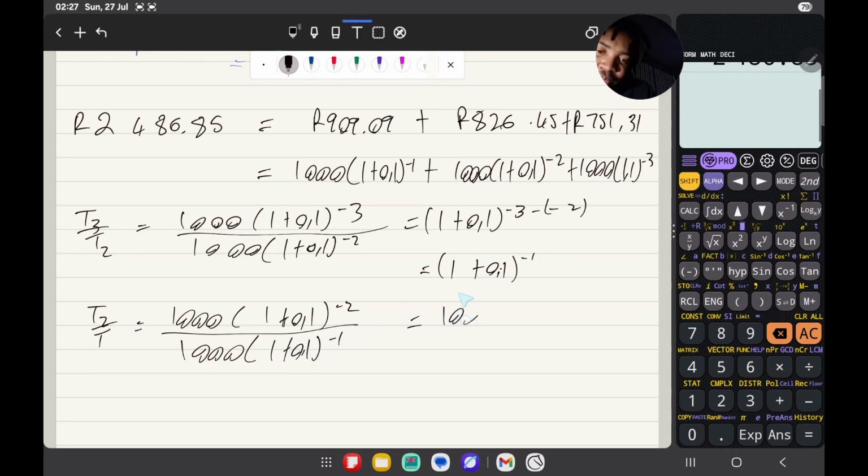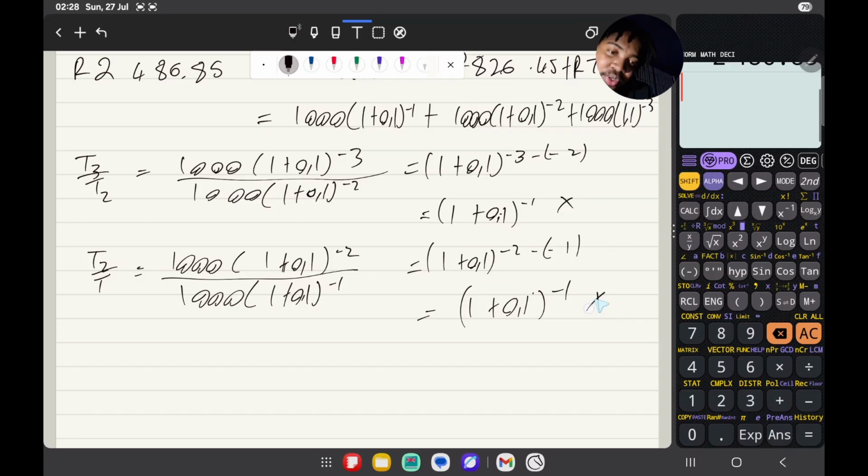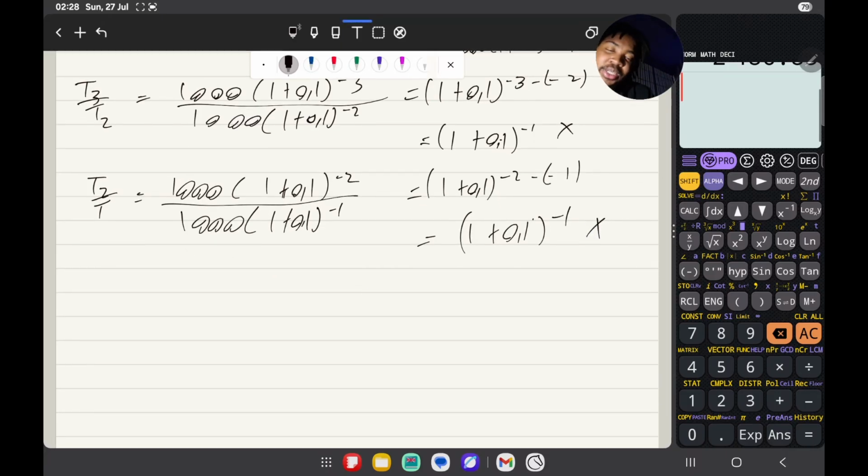You're going to have 1 plus 0.1 to the power of negative 2 minus negative 1, which is going to be (1.1) to the power of negative 1. And you see that, of course, they match, so that means a constant ratio. Therefore it's a geometric series. And you can see that 1 plus 0.1 to the power of negative 1 is below 1.